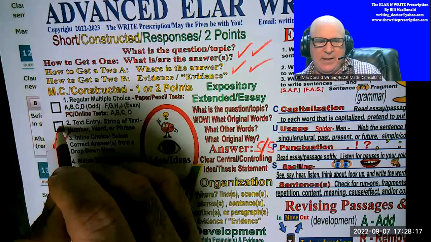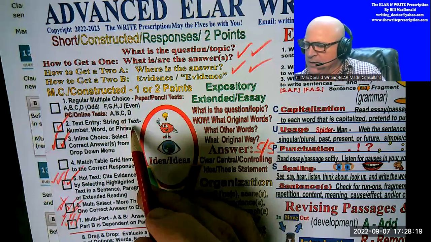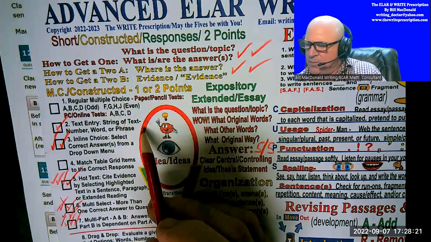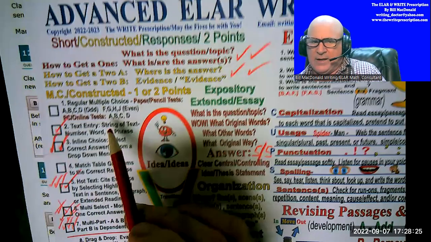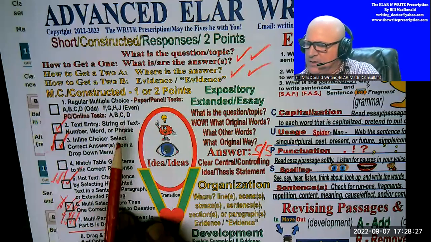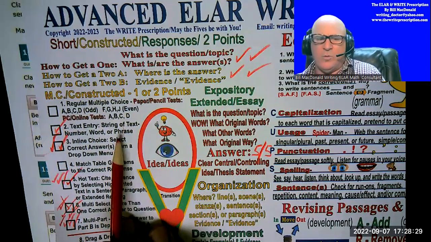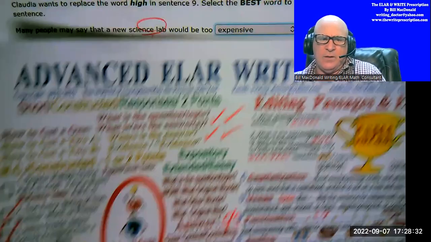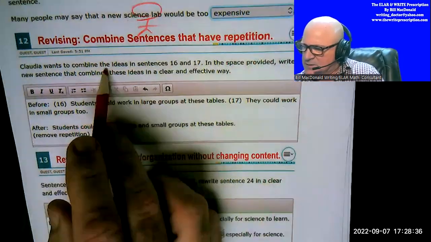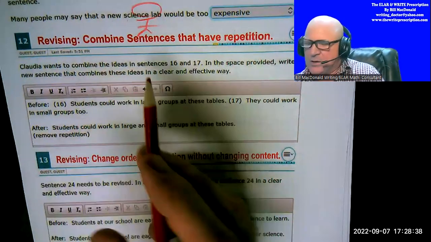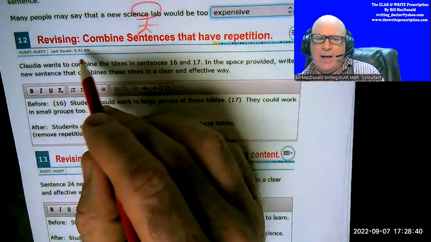Basically, I had to go all the way to the point of coming up with one complete sentence that combined two sentences. What it said before was that they want to combine the ideas in sentence 16 and 17. So I would sing the song, Come Together Right Now.